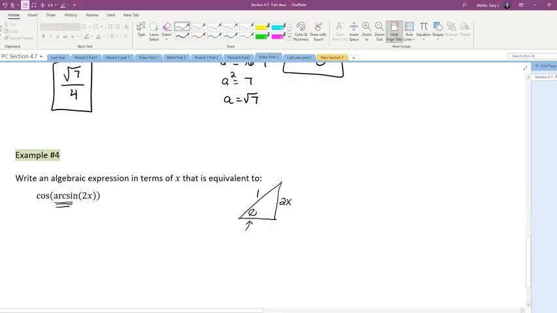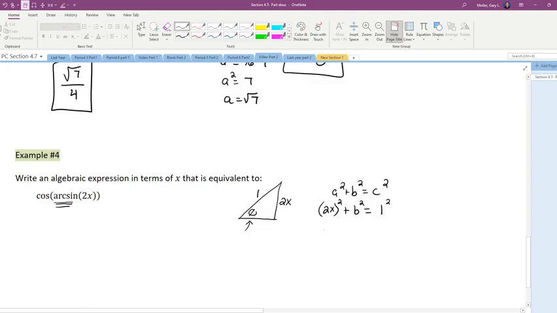It's saying find the cosine of the angle. So the cosine would require me to find the adjacent side. So I'm going to have to do that. Even though I've got a variable, it's fine. We're going to do a squared plus b squared equals c squared. So I've got 2x, the quantity squared, plus unknown squared equals 1 squared.